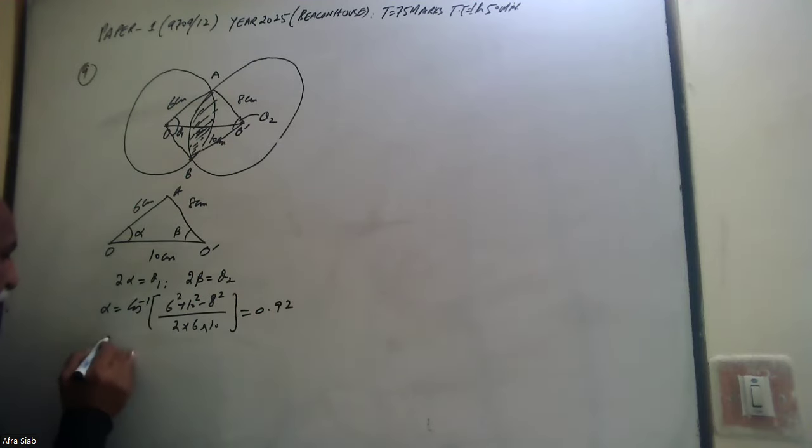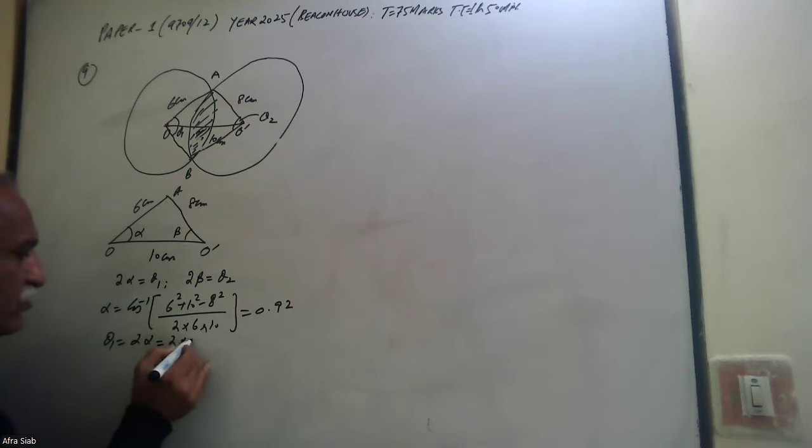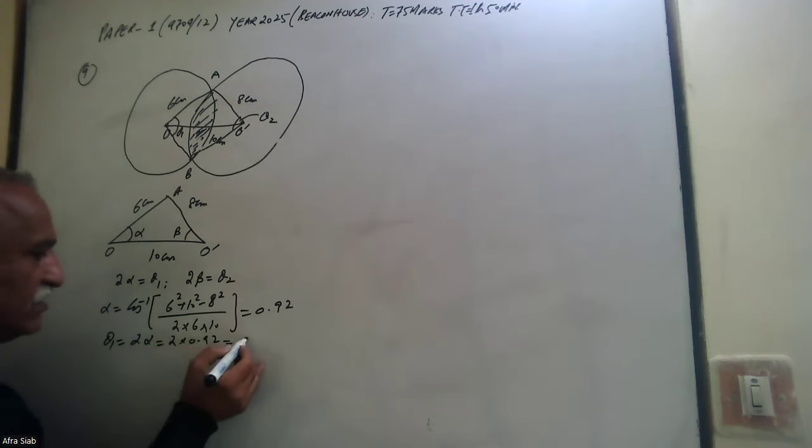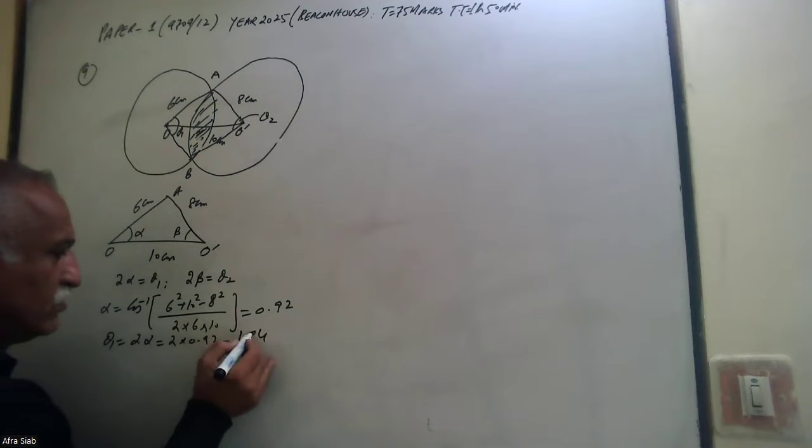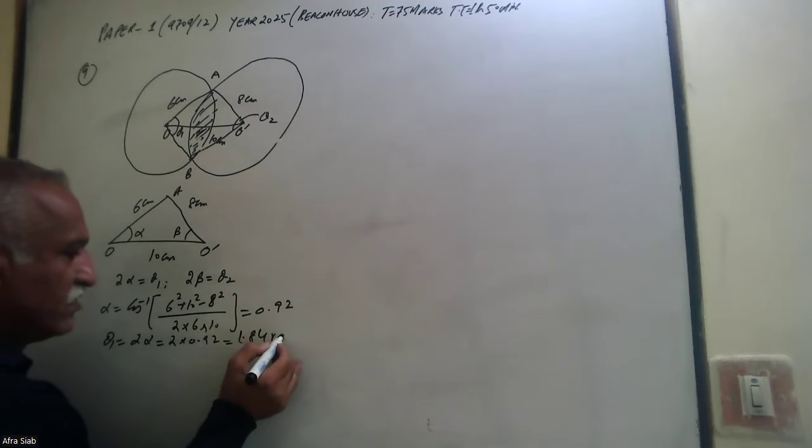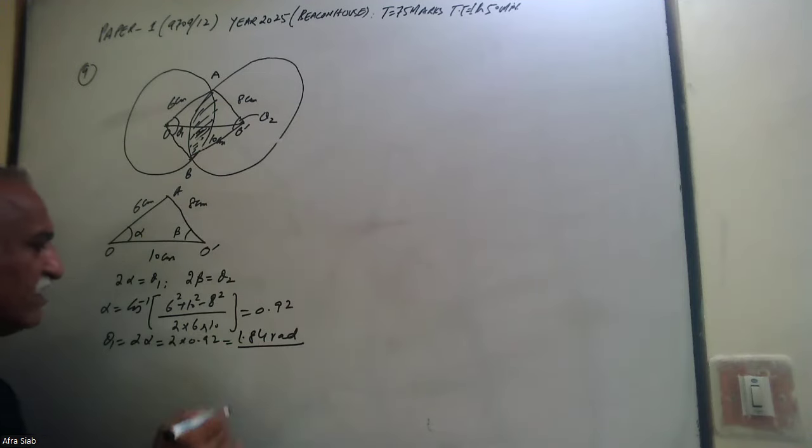So theta 1 is twice alpha, that is 2 into 0.92, which is equal to 1.84 radian, the value of this angle theta 1.